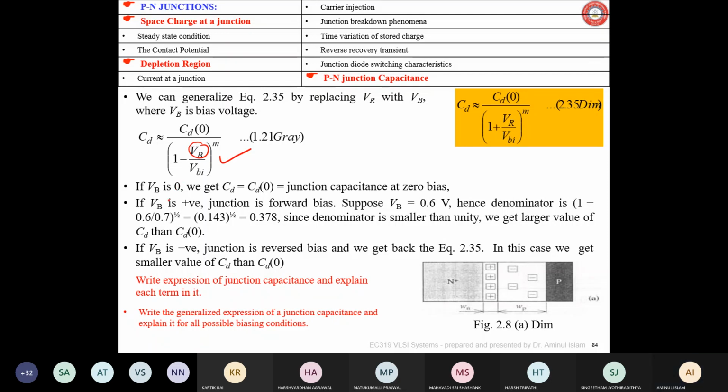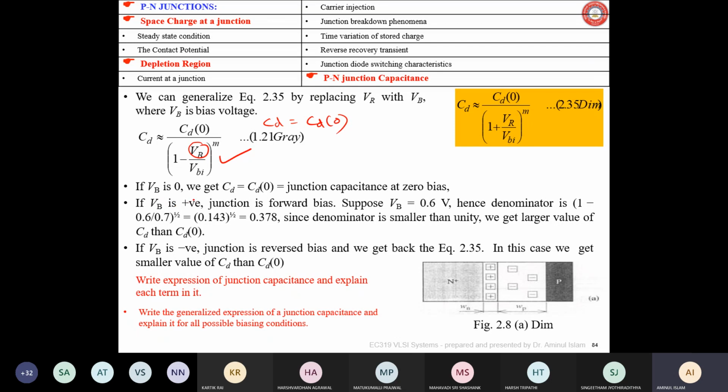If VB is 0, means no bias, then CD equals CD0. No bias, diffusion capacitance in any junction. That may be a diode. Here in your MOSFET there is also a diode under the N plus region or P plus region.